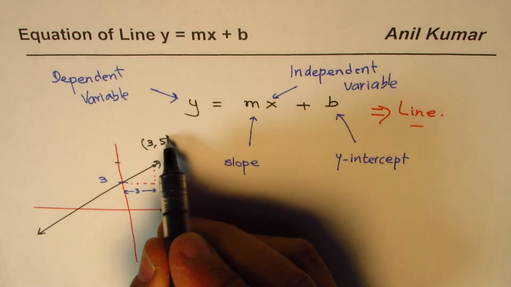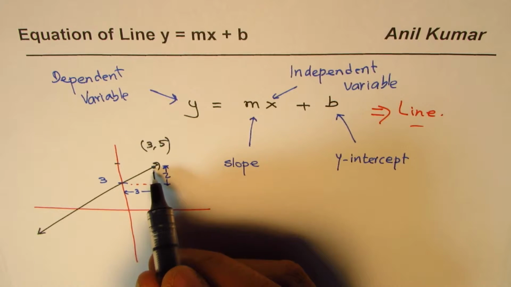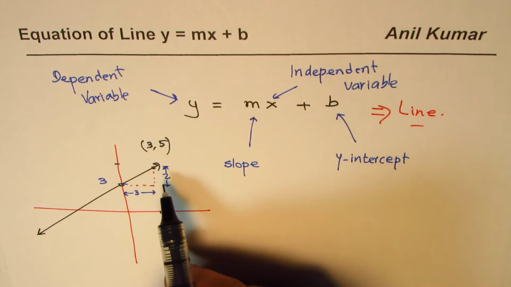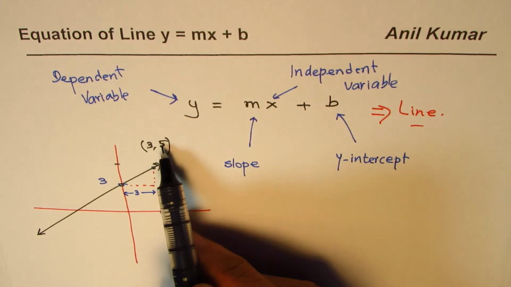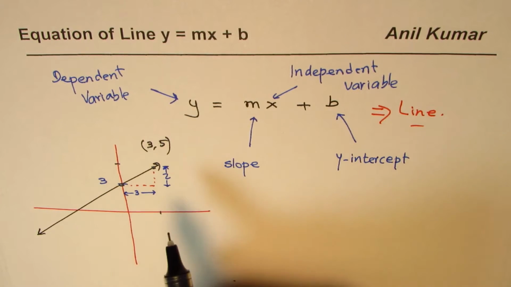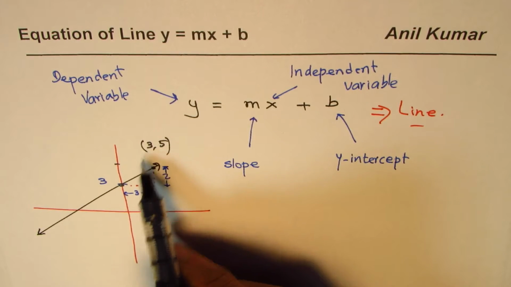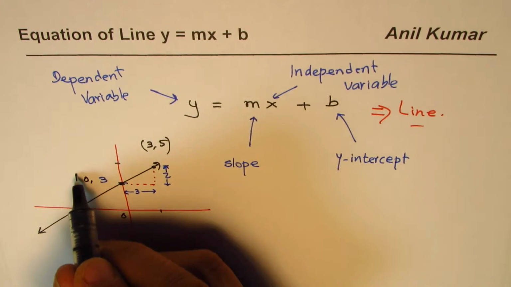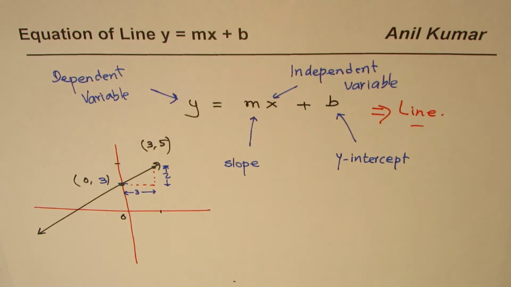So if that is the coordinate point on the line with y-intercept of 3, we can clearly see that the rise is 5 minus 3, which is 2, and the run is 3 minus 0. This point is the y-intercept, so the x value has to be 0.